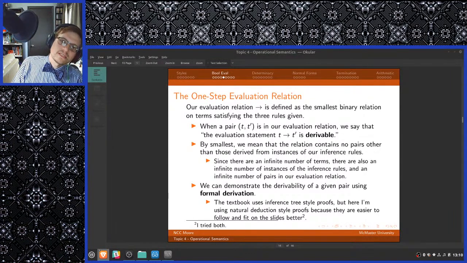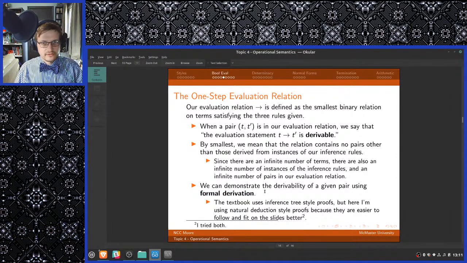There's nothing to be gained by it at this level. If you keep the number of rules minimized, then it makes it much easier to reason about the system, which as we're going to see. So anyway, we can demonstrate the derivability of a given pair using formal derivation.